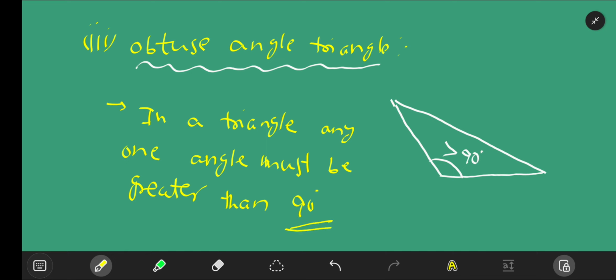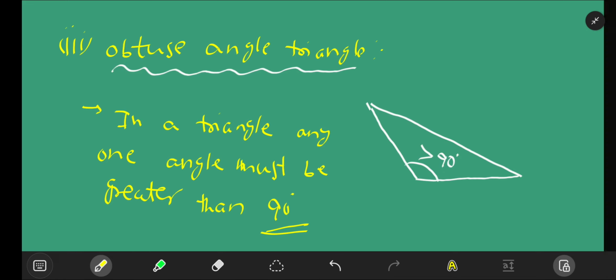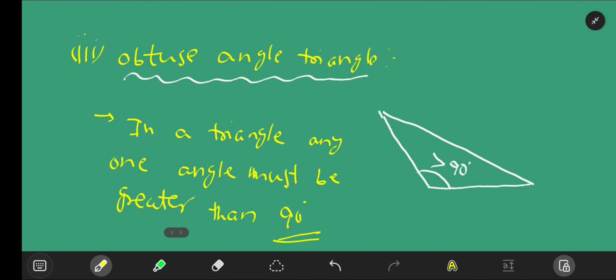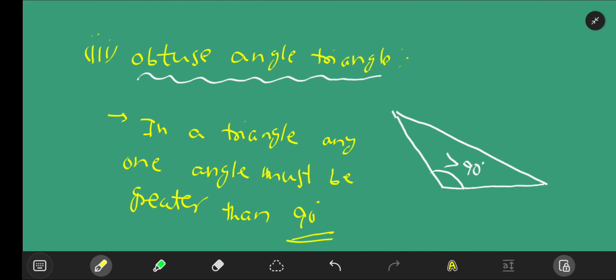So that type of triangle we call an obtuse angle triangle. Okay. Next. These are the three types based on angles.